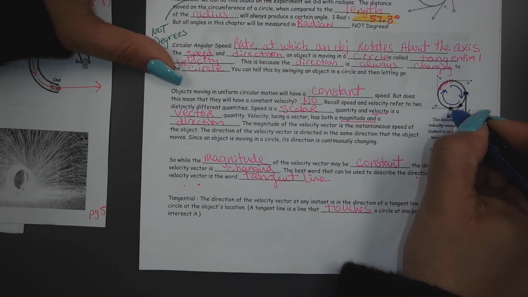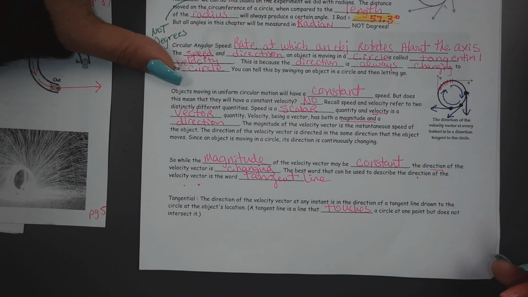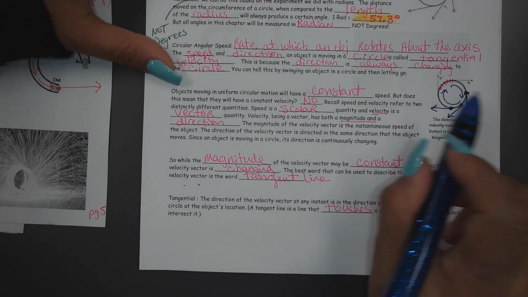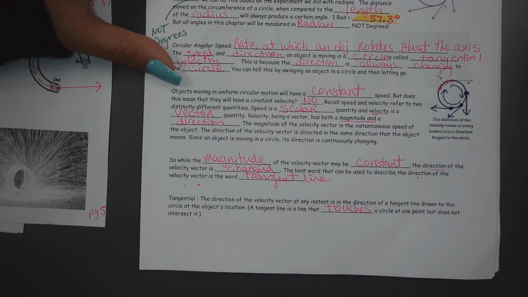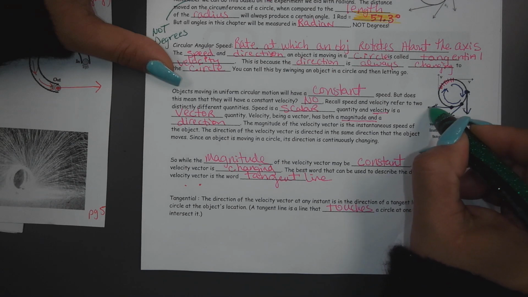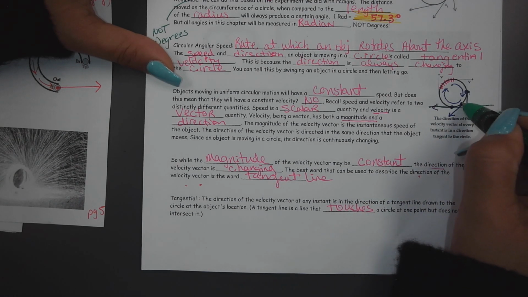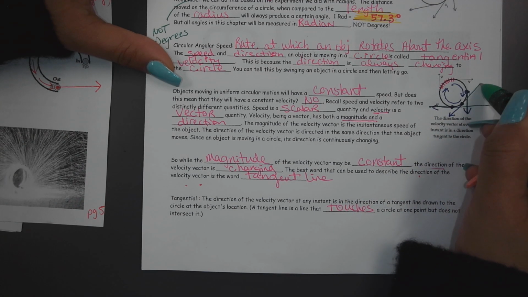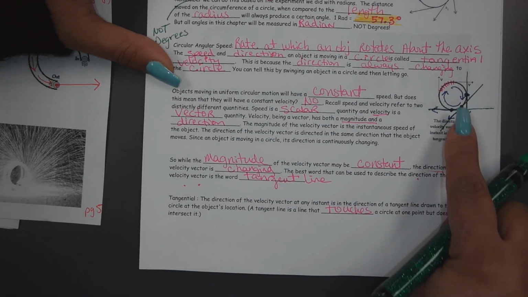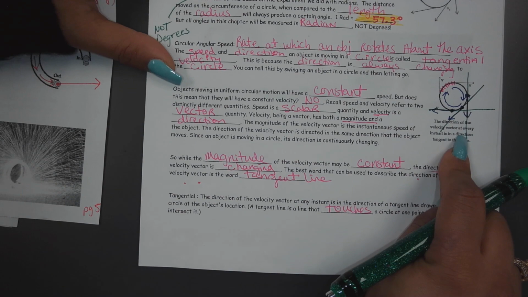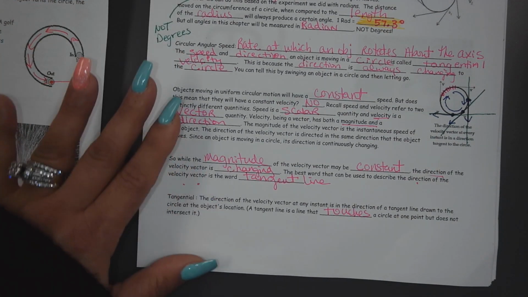At this location, it would shoot out again in a straight tangent line. That tangent line touches the circle, but it doesn't intersect it. The tangent line right here goes like this, and the tangent line right here goes like this. It touches the edge of the circle, but it doesn't intersect through it, okay?